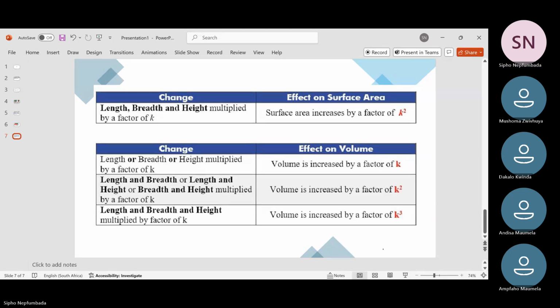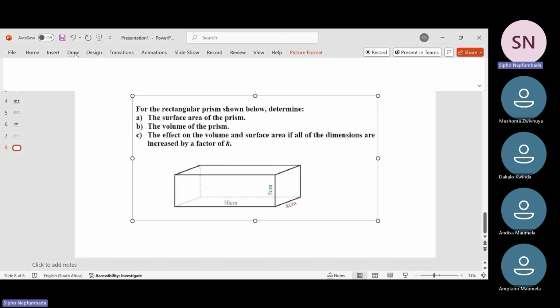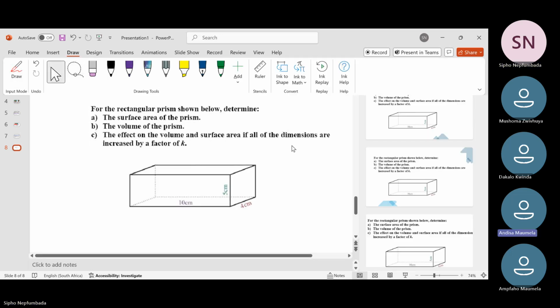Okay. There we go. Is the example visible? Yes.